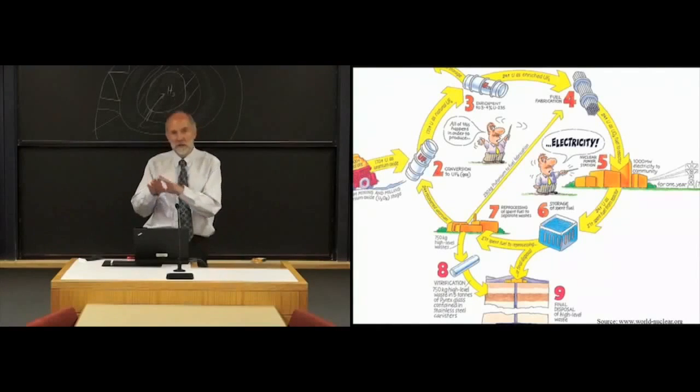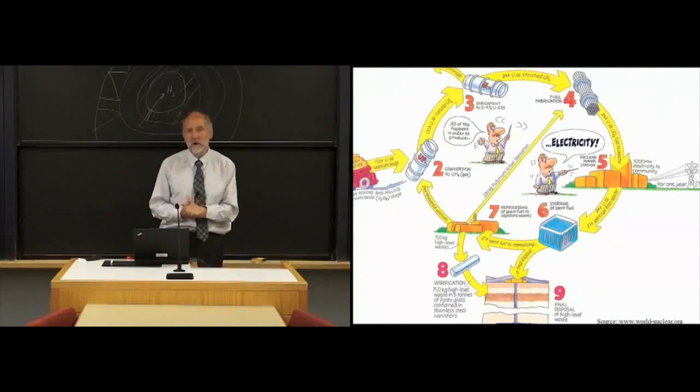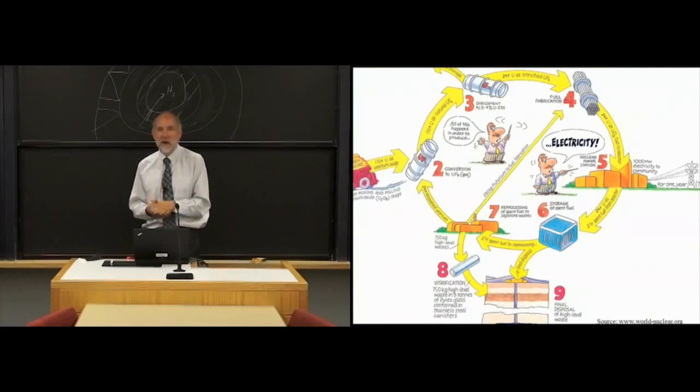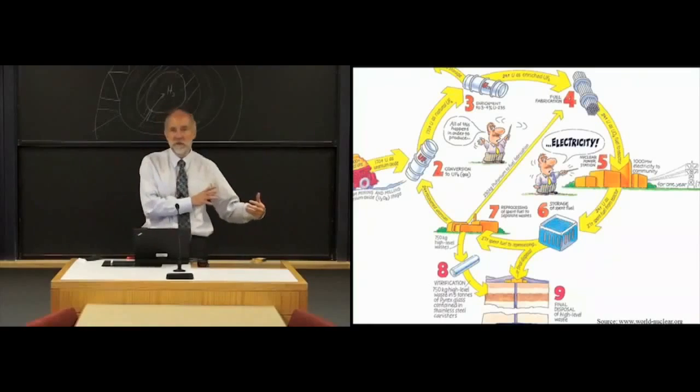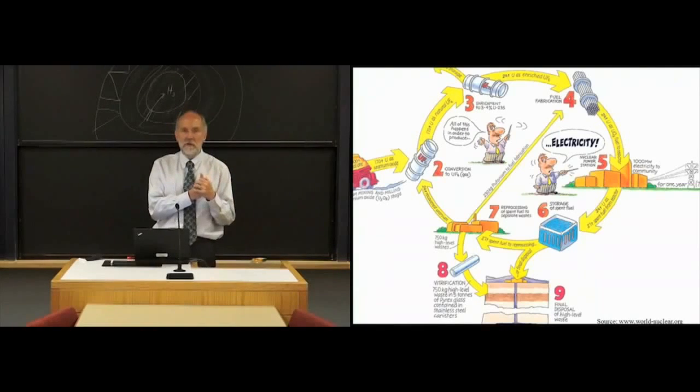It's more or less similar technologies that can do either bombs or fuel for civilian power plants. And similarly, the reprocessing that some countries use to treat spent fuel can provide either plutonium for civilian fuel or plutonium for nuclear weapons.